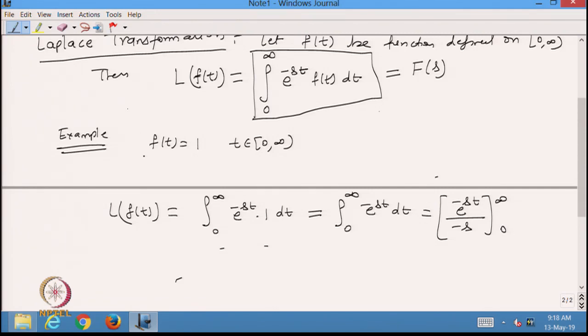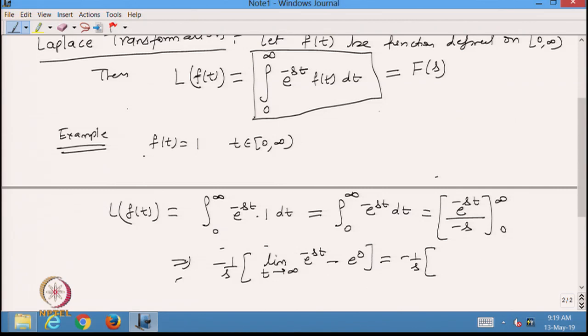So, I take 1 over minus s common, then I put the limit t tends to infinity of e raised to power minus s t, minus, putting t equal to 0, it will be e raised to 0. So, from here this is minus 1 over s times that bracket.